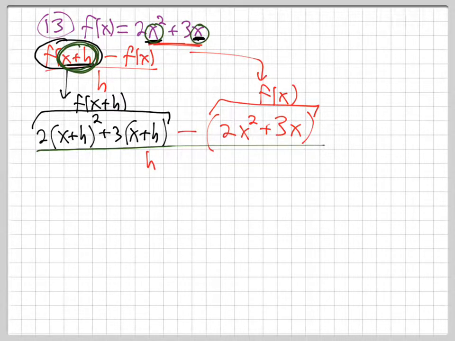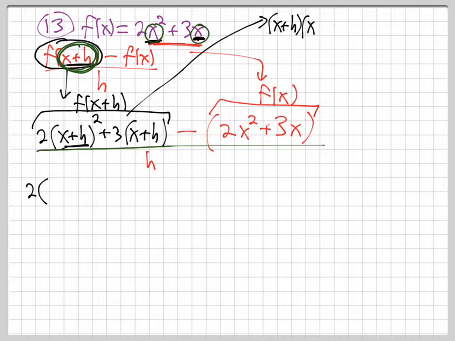Let's do it. So this 2 is going to sit in the front, and x plus h squared, do you guys know how to do that? How about I do that up here in the corner real quick? X plus h times x plus h. That's what x plus h squared means, doesn't it? Right? X plus h squared means 2 of those x plus h's. Squared means 2 of them.